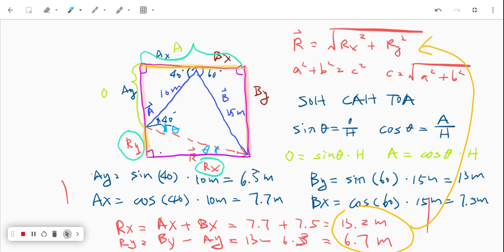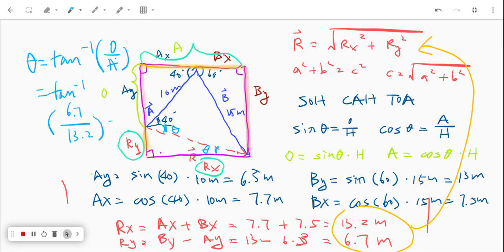You see that alternate interior angle? So that angle can be found using theta equals tangent inverse of opposite over adjacent. The y is our opposite, right? So tangent inverse of RY, which is 6.7, divided by 13.2, and you will get an angle.